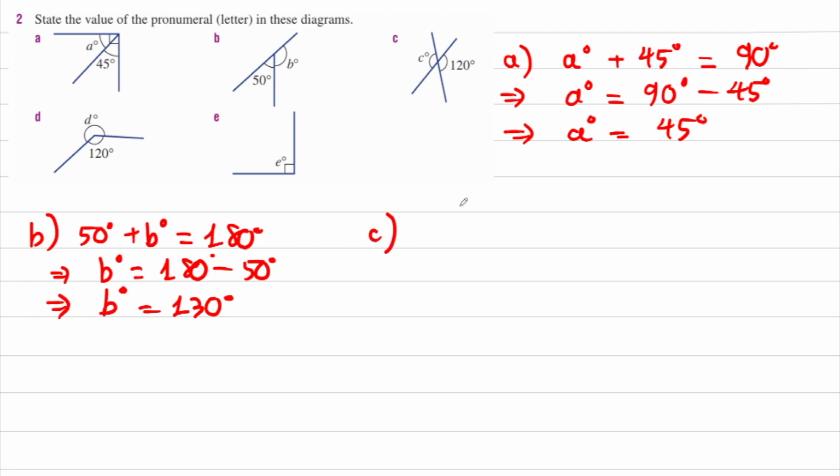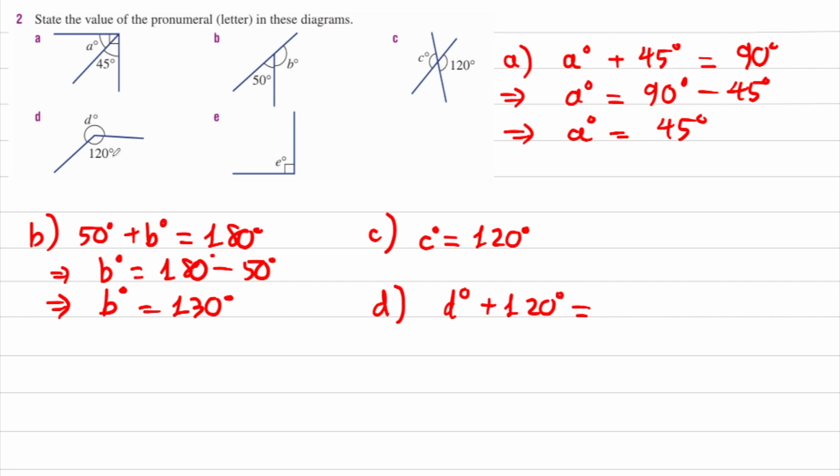About question C, this is a vertically opposite angle, so it is very easy to figure out the value of C, 120. After that, you have D, one revolution. You have the expression for this angle, D plus 120.